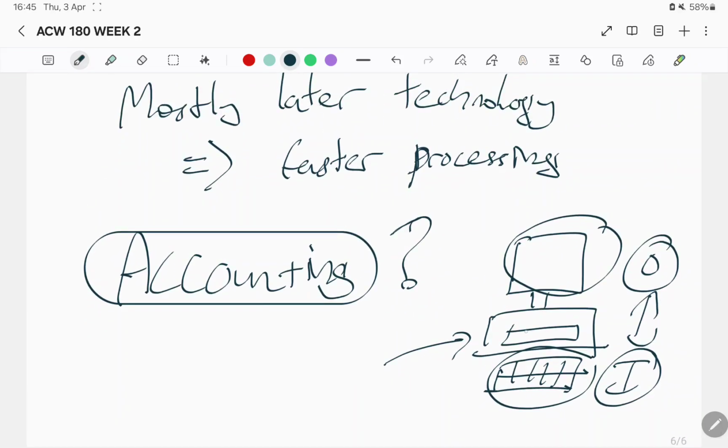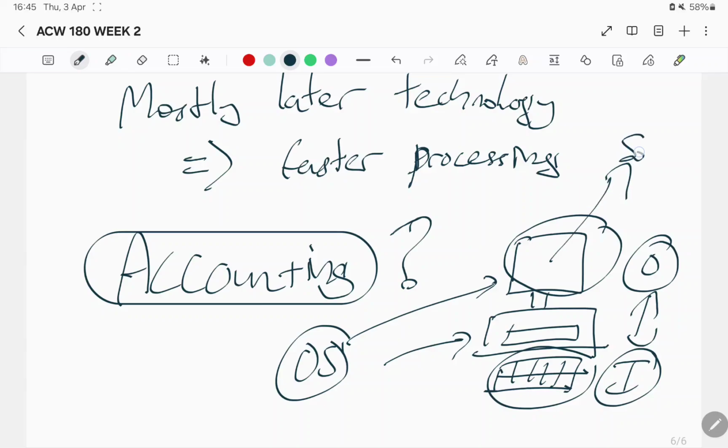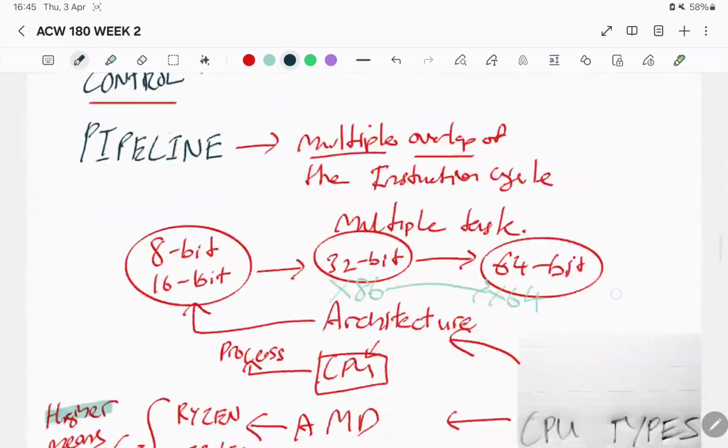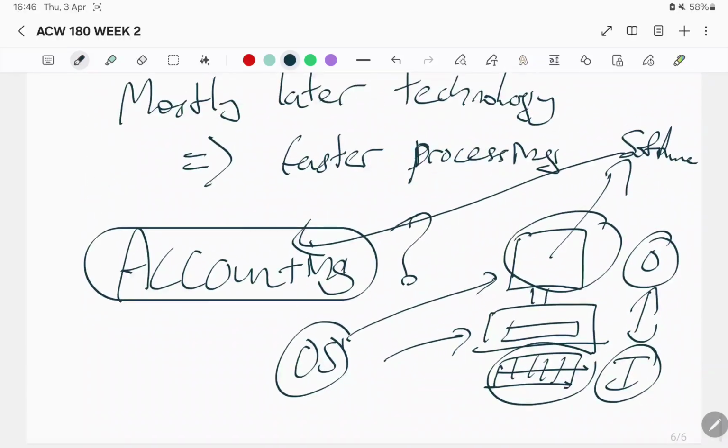And then we learn how the OS powers up this one, the link between everything combined together, going to the software. Then only we'll come back to the accounting part. These are all the hardware.